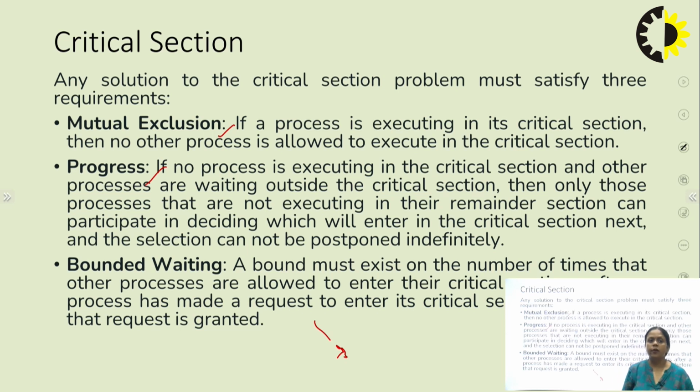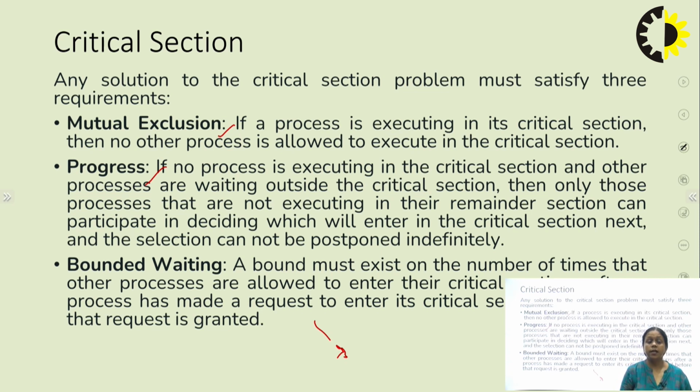What it means is, if there is no process executing in the critical section and many processes are waiting outside, then it should be decided which process will enter the critical section. Only those processes that are not executing in their remainder section will participate in deciding.